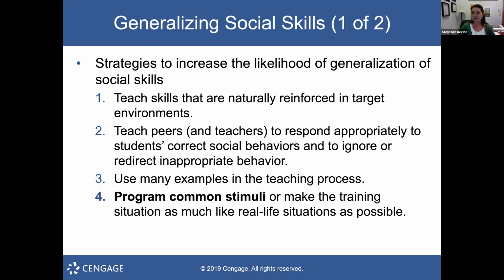That's why CBI is so important, because if you're trying to teach social skills or communication skills in a grocery store, you can practice it in your classroom, but the chances of them generalizing that are very slim. So actually going to the grocery store and practicing those skills is far more effective.